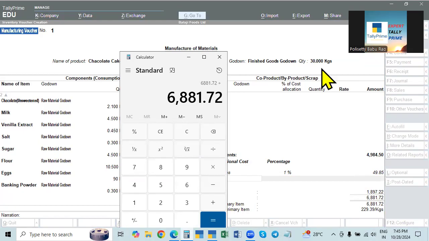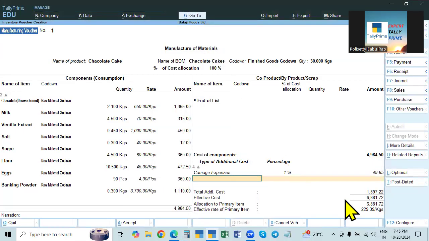Divided by the 30 kgs we manufactured, it comes to 229.39. This is the manufacturing cost for each cake, that is, 229.39 per kg of cake.